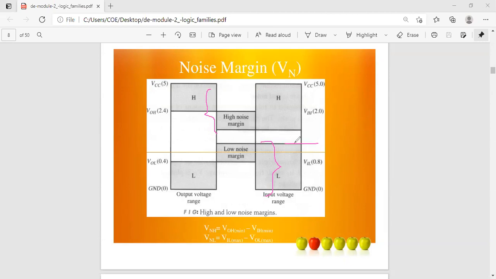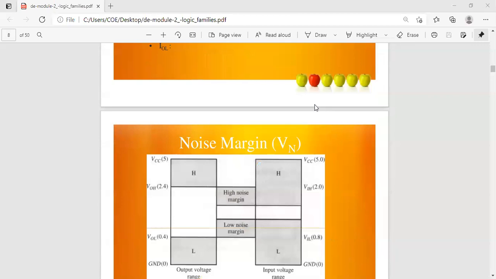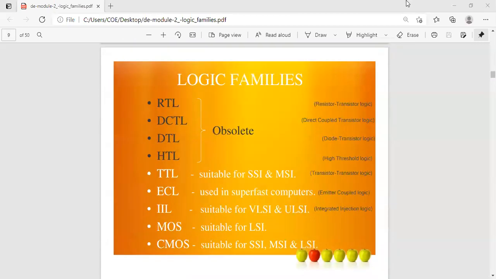So our extreme aim is to reduce this. If a circuit has a high noise margin, what do we have to do? We have to reduce it, either bringing it below this low margin level or at least retaining the low margin level. That depends on the manufacturer ratings given in the data sheet. So you can only know this by looking at the data sheet. These are the majority of definitions that may come in our exam.